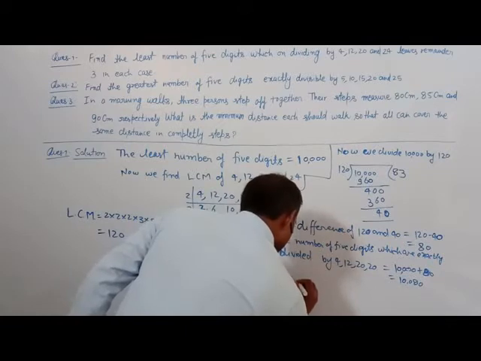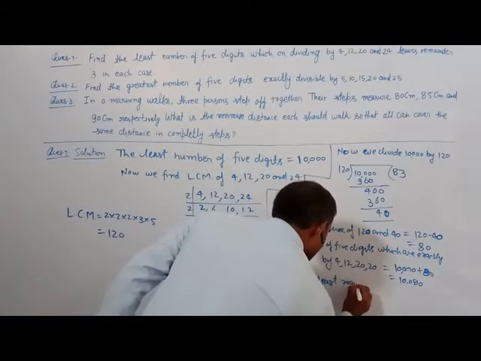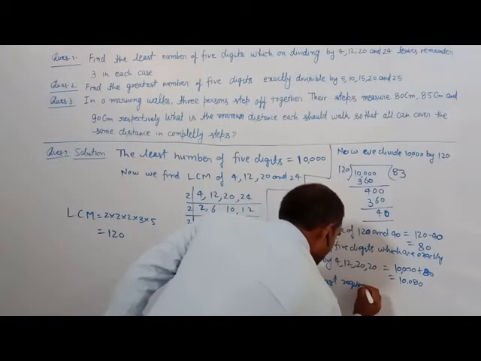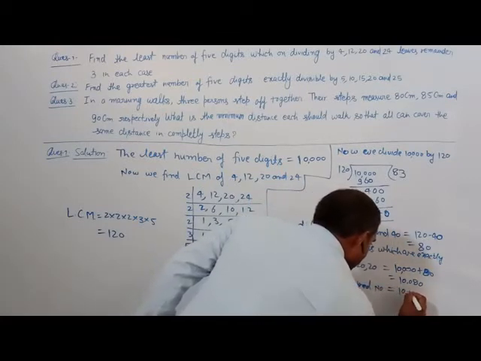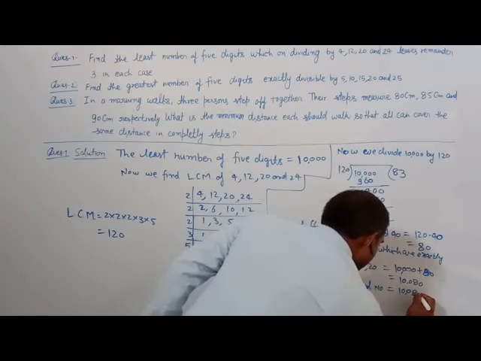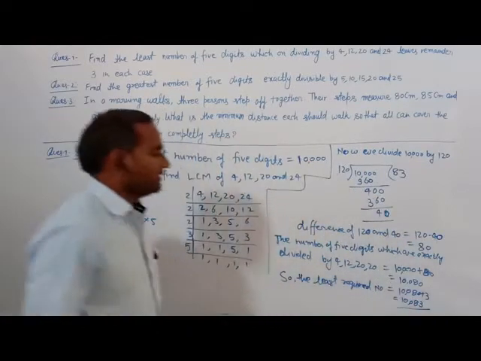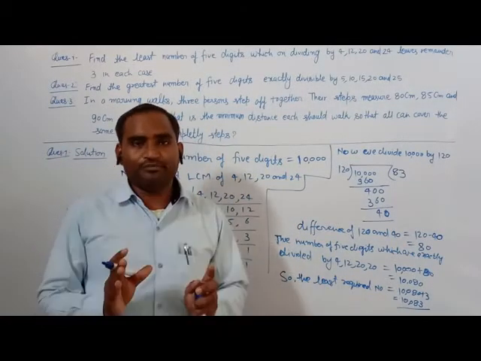The least required number is 10,080 plus 3, that is 10,083.